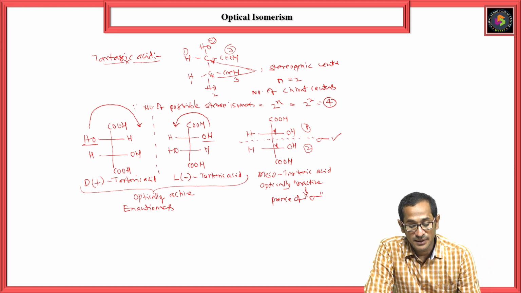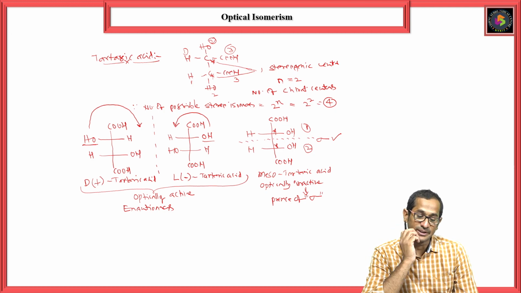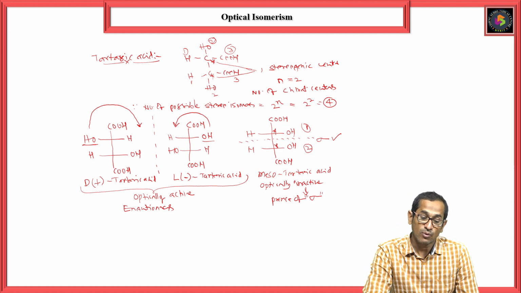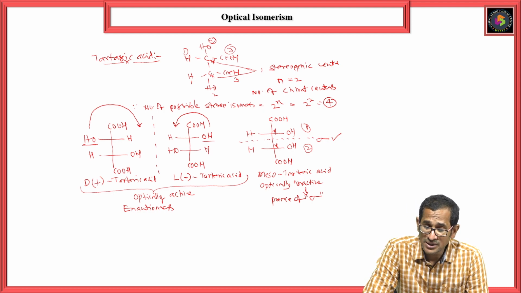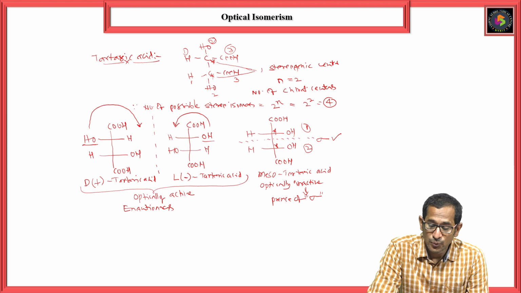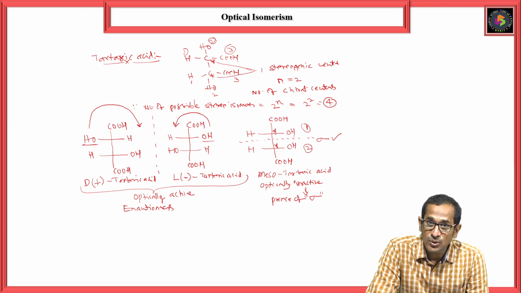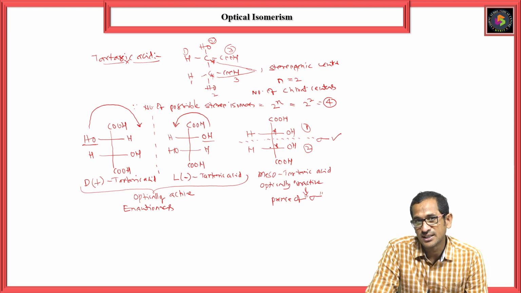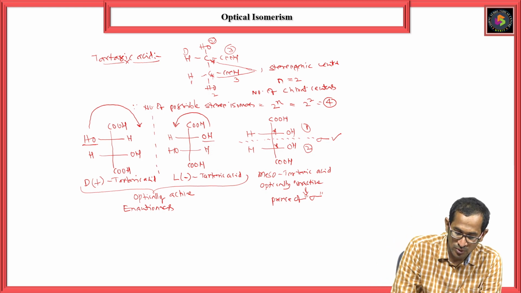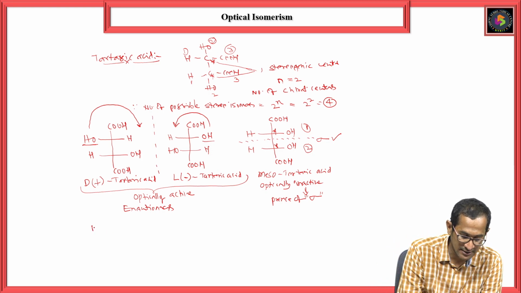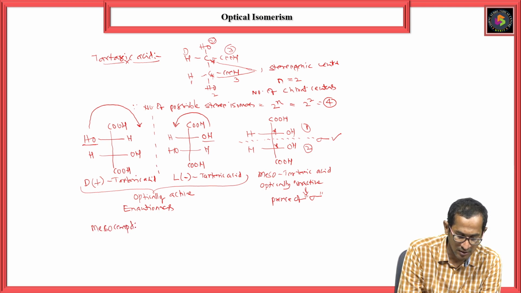That is optically inactive due to the presence of the plane of symmetry. Now, why is it meso-tartaric? What is the meaning of a meso compound? A meso compound is one which is optically inactive even though it contains a chiral center or stereogenic center. Compounds with a stereogenic center but optically inactive are called meso compounds.